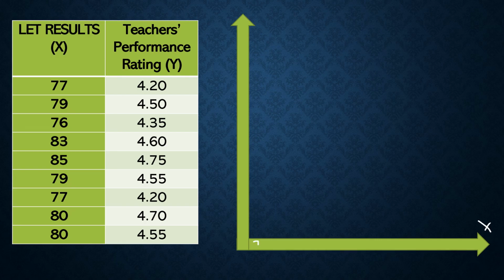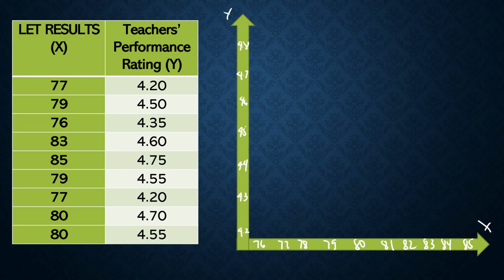So we have 76, 77, 78, 79, 80, 81, 82, 83, 84, and 85. For teacher's performance rating, Y, we have 4.2 as the lowest and 4.75 as the highest. So we can start with 4.2, 4.3, 4.4, 4.5, 4.6, 4.7, and then 4.8.